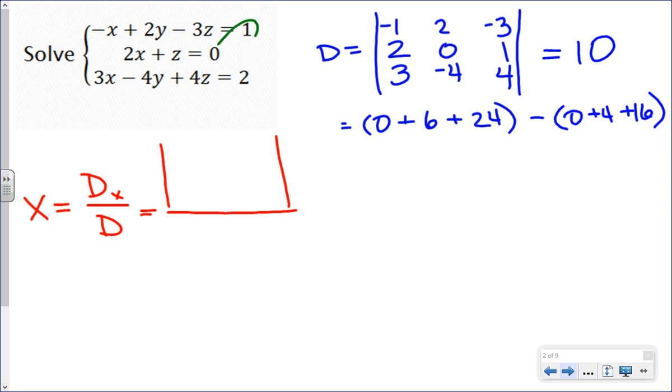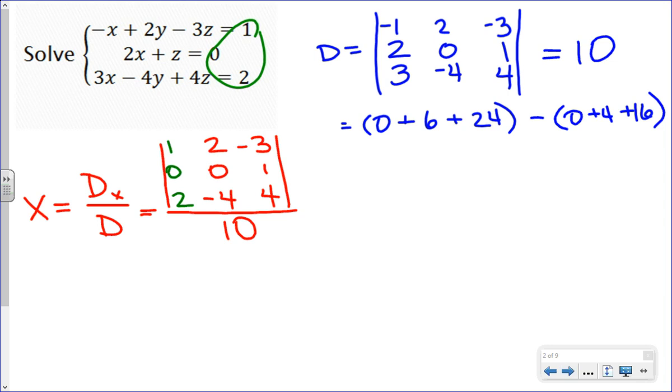These that I'm circling in green, those are the constants. They're on the other side of the equal sign. So 1, 0, 2 is your x column, and your y column and z column will remain the same. And your denominator we found to be 10. Don't start finding this yet. I want to set all of these up first, and then we're going to divide and conquer.